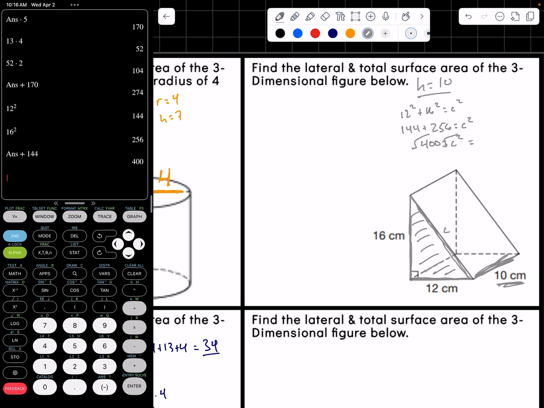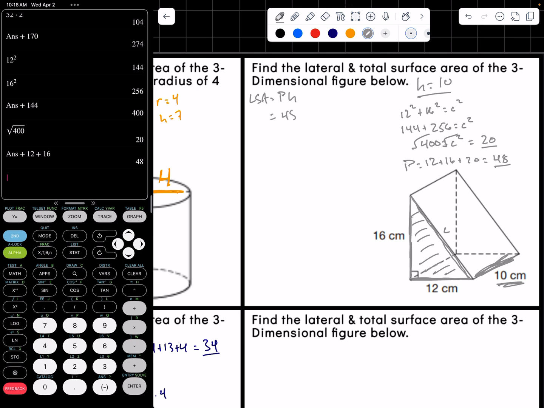Take the square root. That's going to give me 20. So my perimeter is going to be 12 plus 16 plus 20, which is 48.